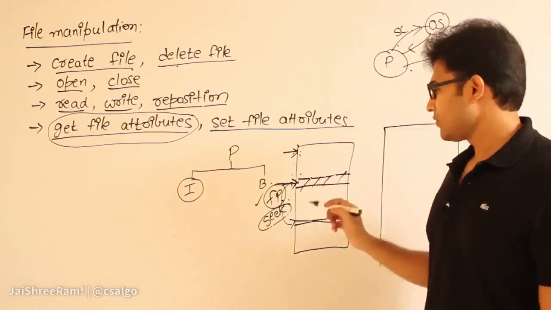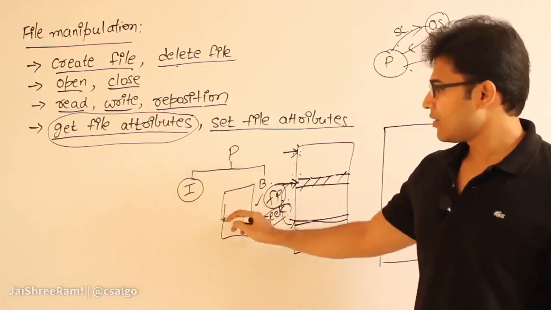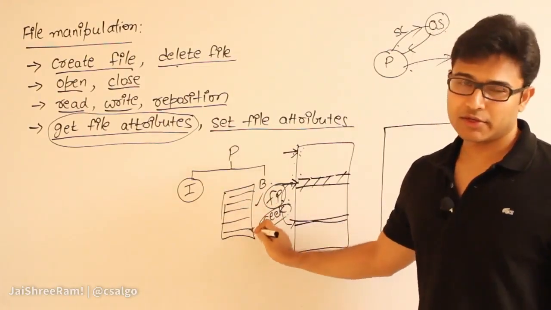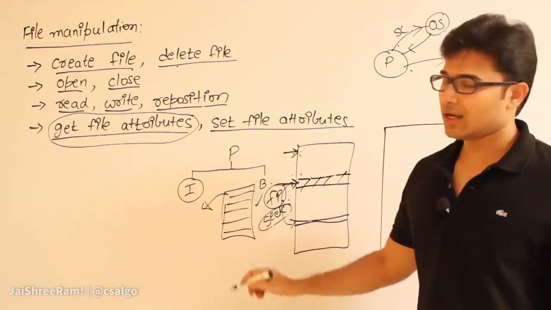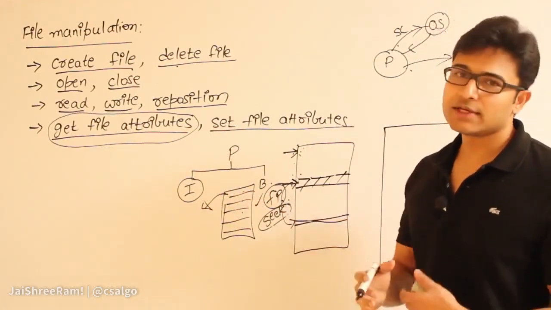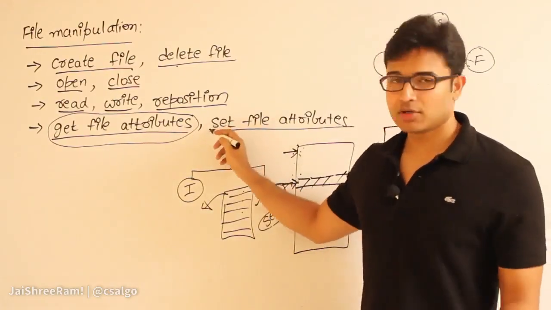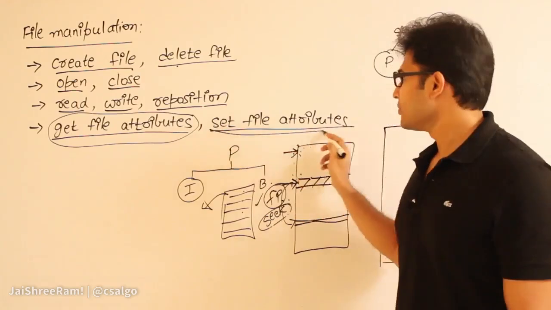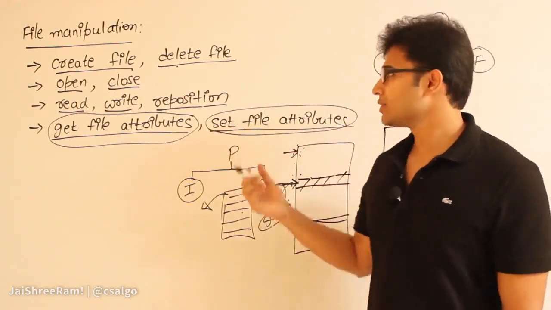For every file there is a structure, and all the information is written in that structure, and when you try to get it, you read the structure and know the fields and information about the file. And if you are the owner of the file, you will be given permission to change the file attributes. You can do that.